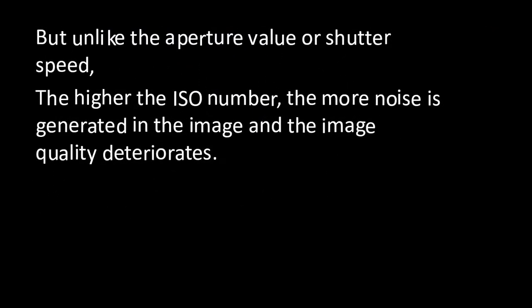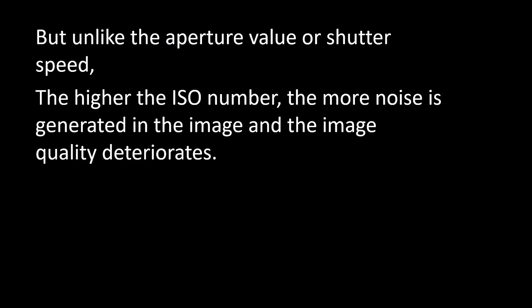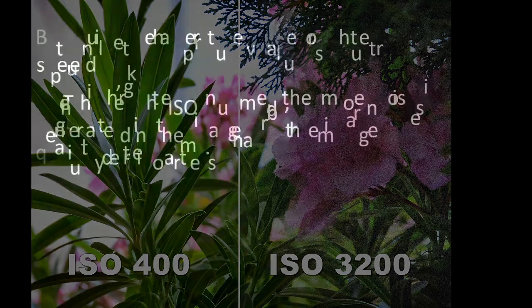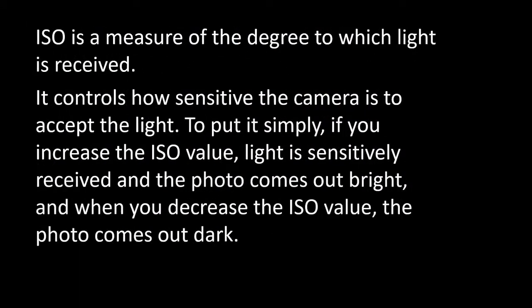But unlike the aperture value or shutter speed, the higher the ISO number, the more noise is generated in the image and the image quality deteriorates. ISO is a measure of the degree to which light is received.